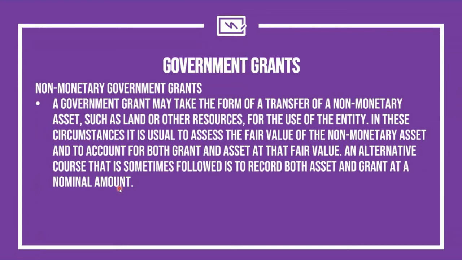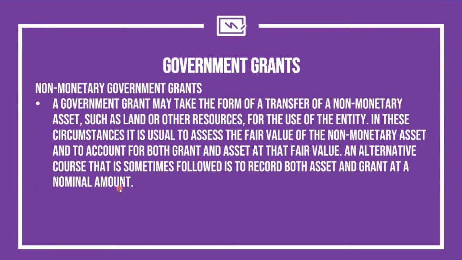So just to justify the concept, it is like this. Let's say, for example, you were granted a building. We recognize the building at fair value. So let's say it's 5 million. So there will be a debit to building of 5 million, and then a credit, if, let's say, there will be no conditions attached to it, automatically to income from government grant.